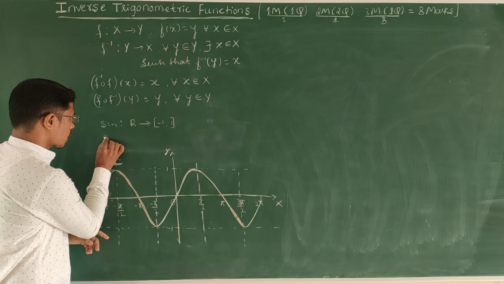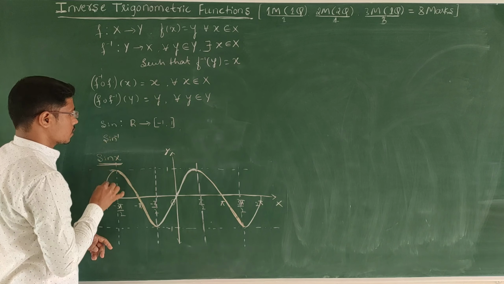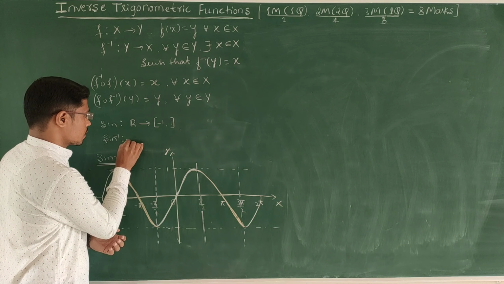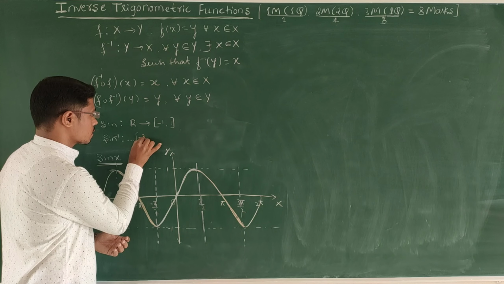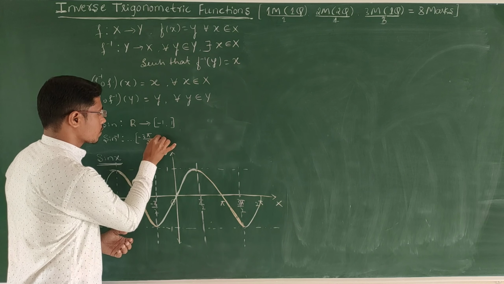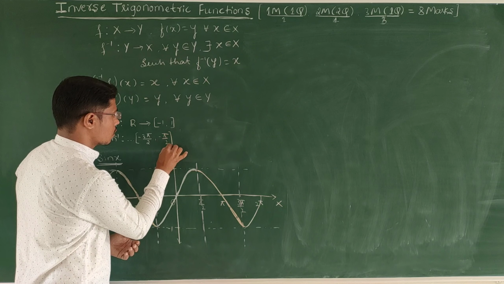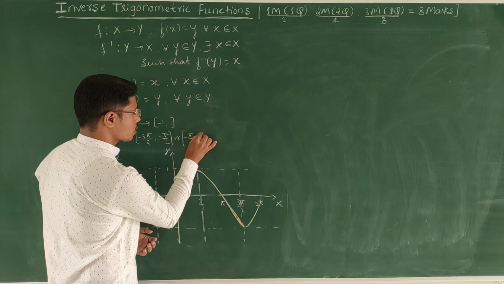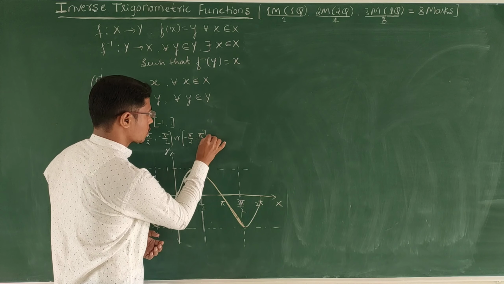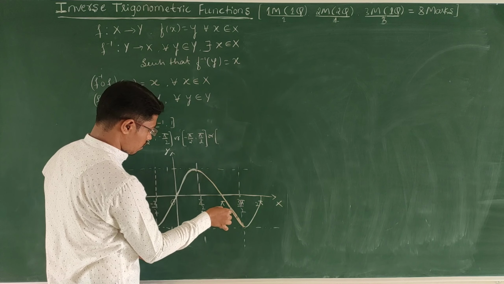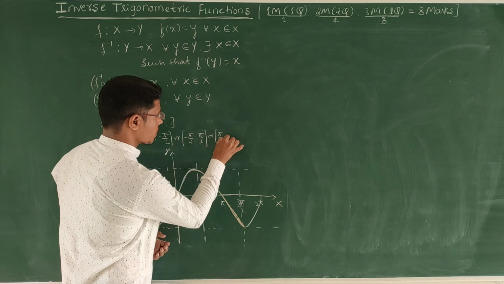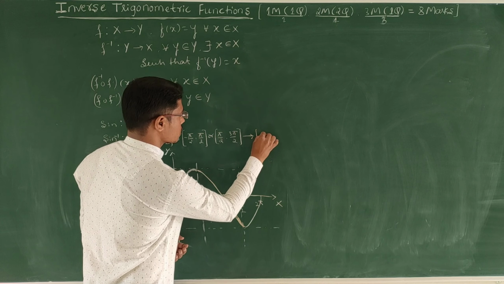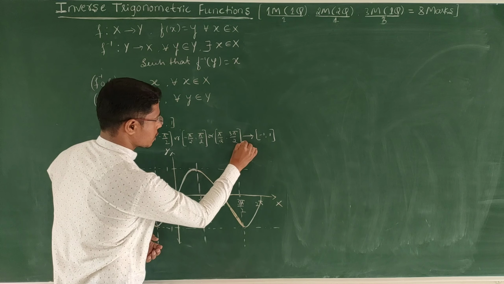So sine inverse will become invertible here also, so on, minus 3 pi by 2 to minus pi by 2, or minus pi by 2 to pi by 2, or one more, I draw here, pi by 2 to 3 pi by 2, to minus 1 comma 1, and here also so on.